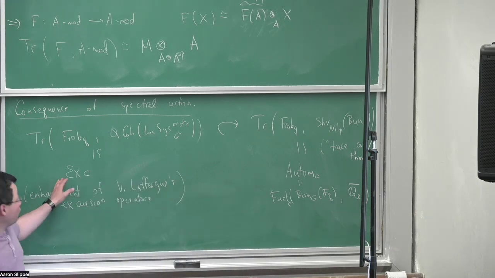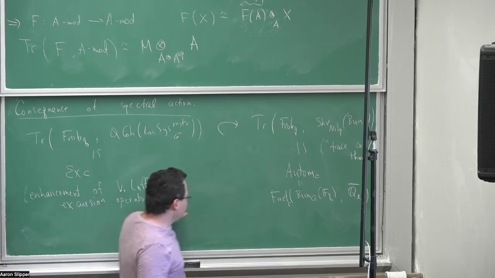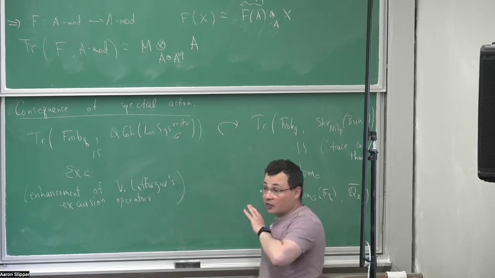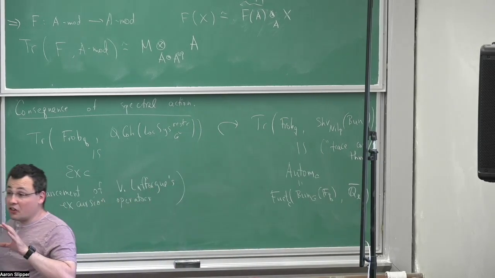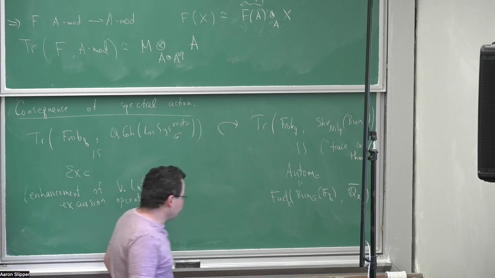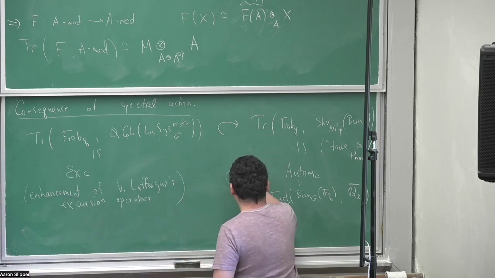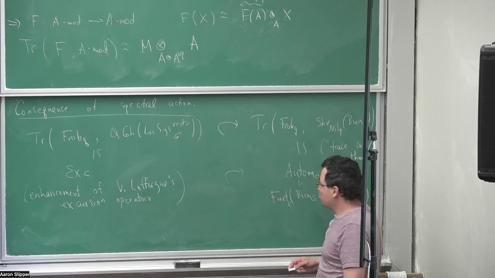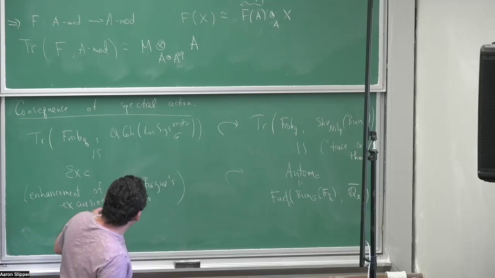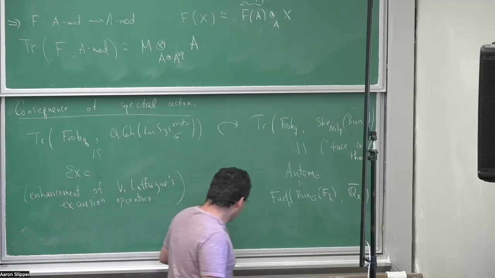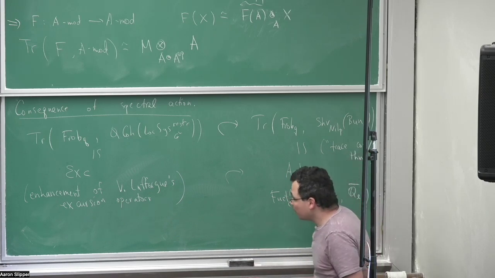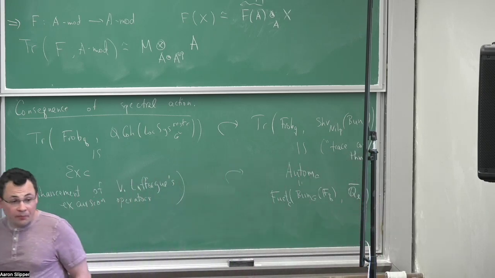So if I said literally excursion operators, this is acting on this. This is Xue Cong's extension of Lafforgue's construction. So this already recovers some version of Lafforgue's spectral decomposition.